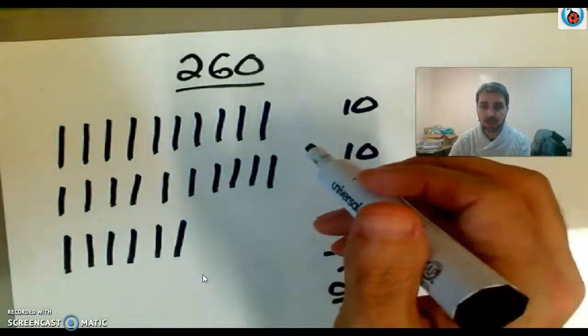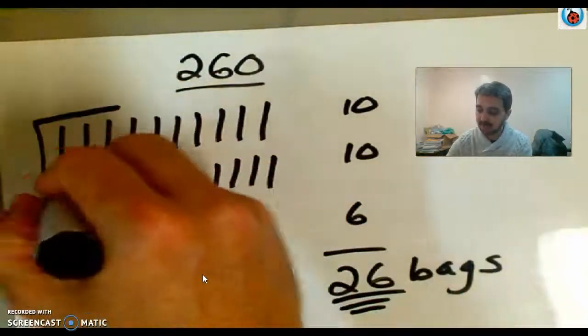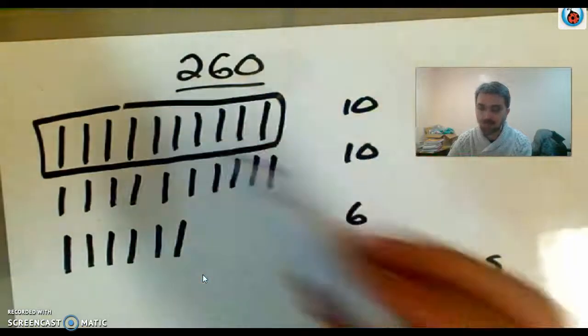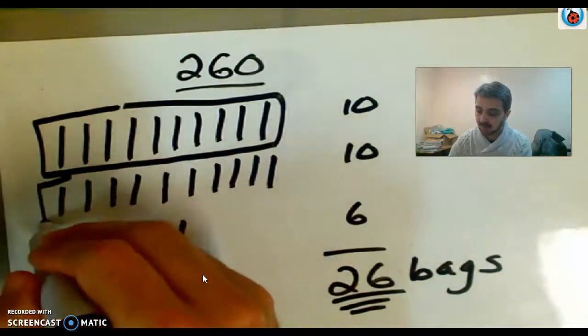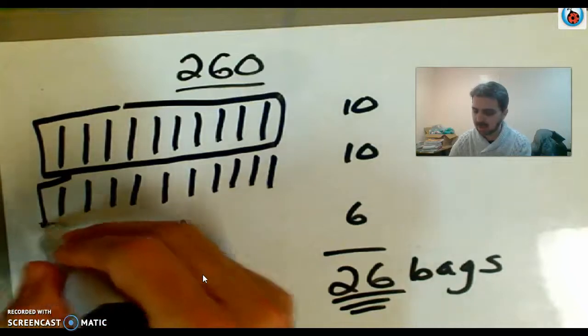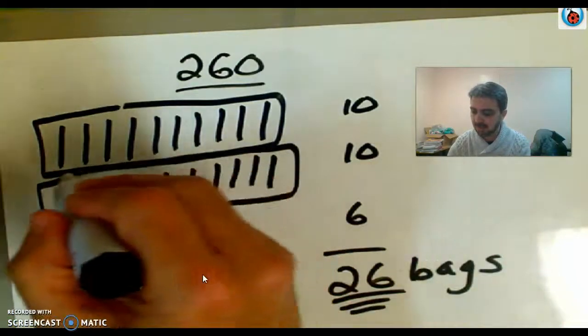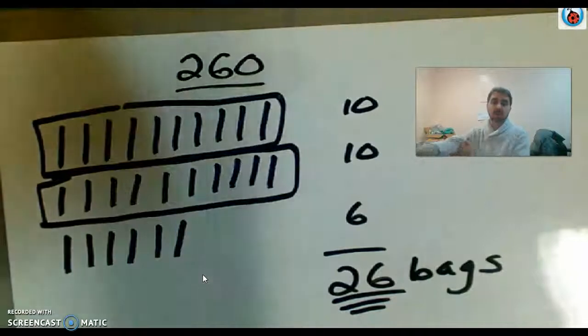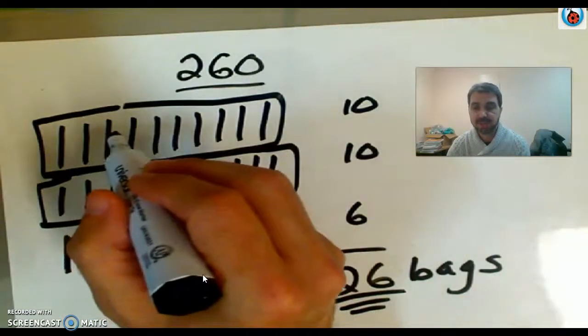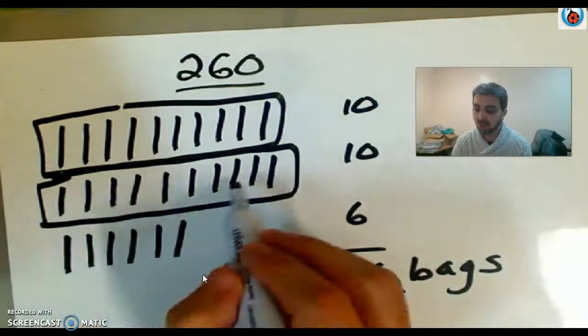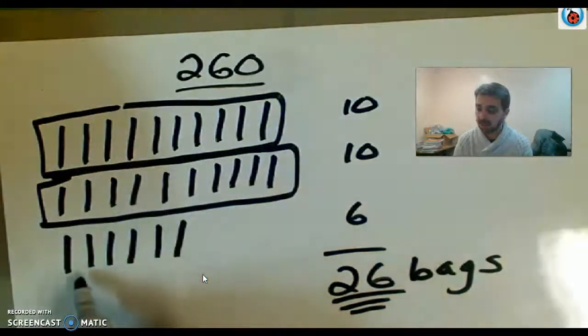I can also put these 10 into a tin, right? Kind of, that word's a little bit tricky, isn't it? Okay, and I could put these 10 tens into a tin, so I have 100 total pieces of candy here and 100 total pieces of candy here, and then I have 10, 20, 30, 40, 50, 60.